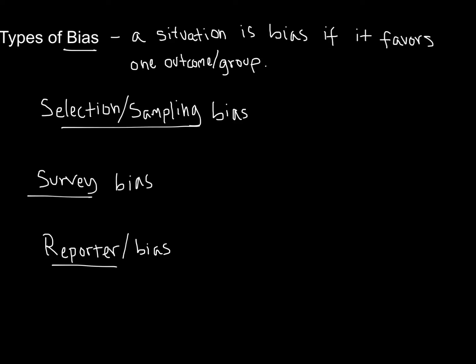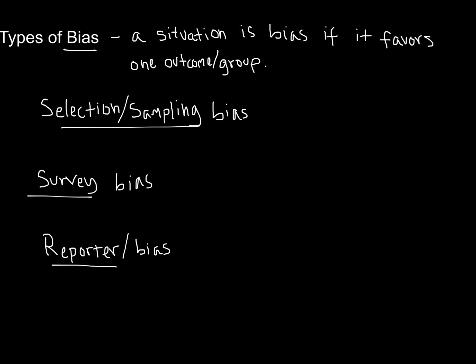For example, if you want to decide whether college students prefer Coca-Cola to Pepsi and you only go to the math department, your situation is going to favor the group that takes math classes or is a math major. And so our goal is to eliminate bias from all the parts of our study.